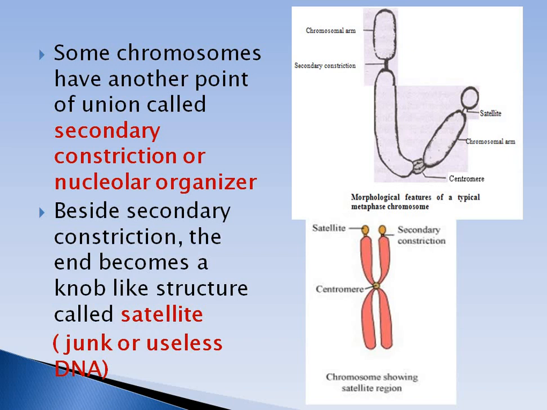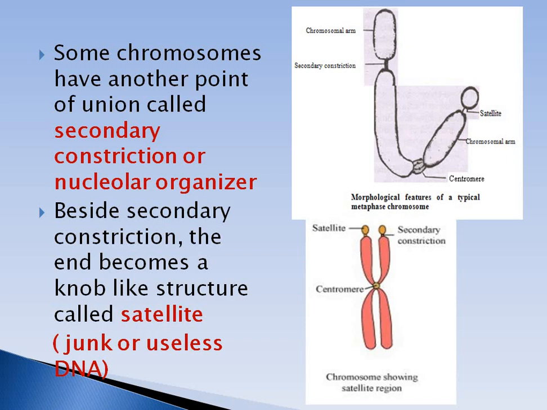And some of the chromosomes, not all chromosomes, have another constriction other than this primary constriction. This second constriction is called the secondary constriction, or it is also called the nucleolar organizer, because this constriction has the genes or DNA which is responsible for the formation of the nucleolus.